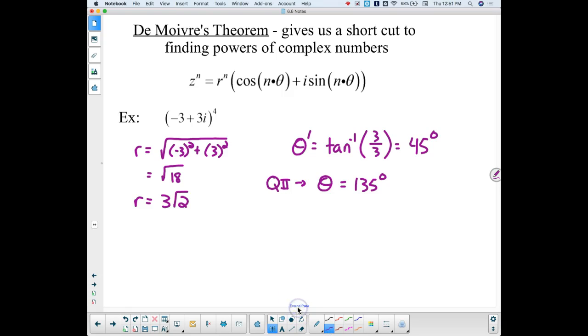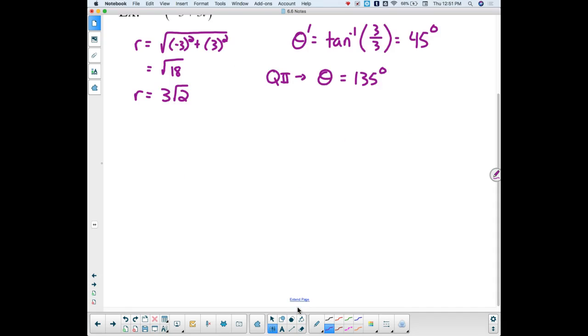Which means that the trig form of my equation is 3 square roots of 2 times the cosine of 135 degrees plus i times the sine of 135 degrees.